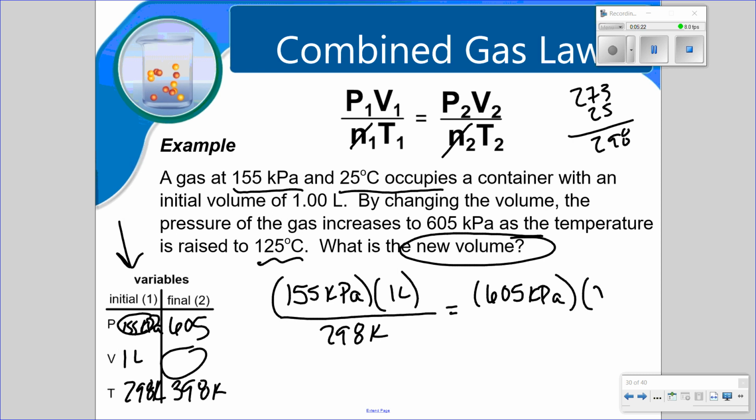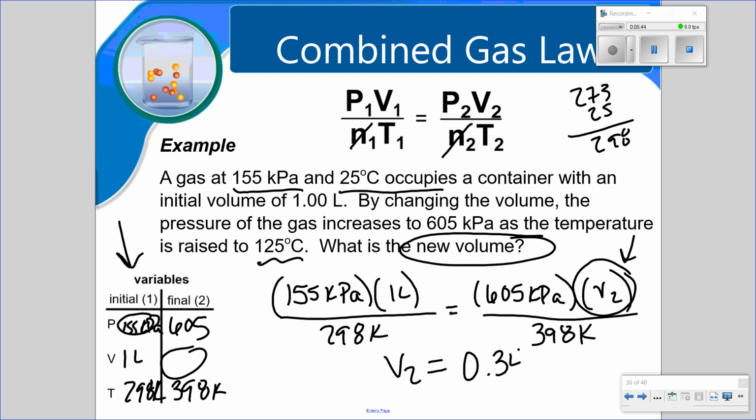Volume 2, we do not know, so I'm going to keep the variable in there. And then temperature 2 was 398 Kelvin. I'm going to rearrange this equation, solving for V2, times both sides by the 398 and divide by 605 on both sides. And I got V2 as 0.342 liters.